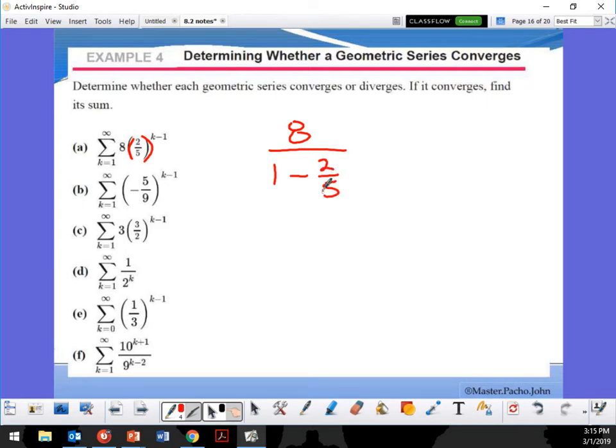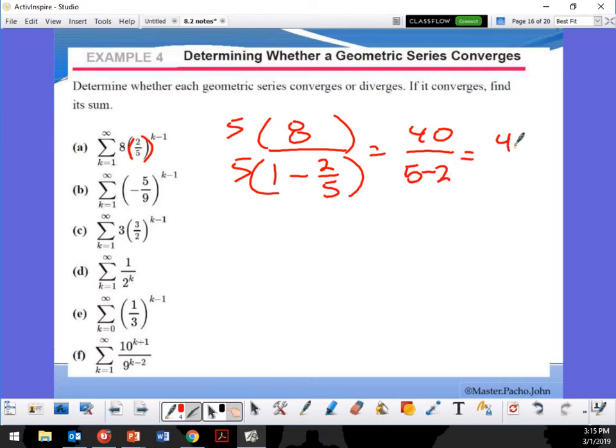What's the common denominator of the whole thing? 5. There's only one denominator, so multiply everything, top and bottom, by 5. That gives me 40 over 5 minus 2, which is 40 over 3. Does that make sense? Questions?